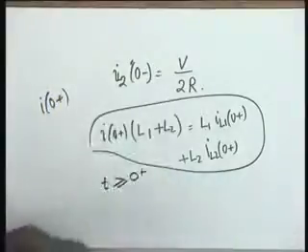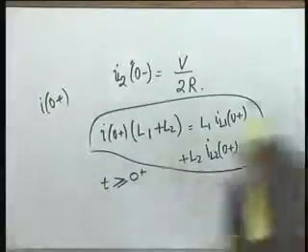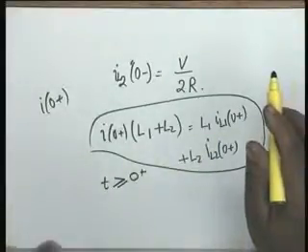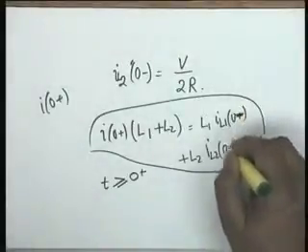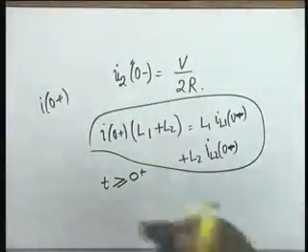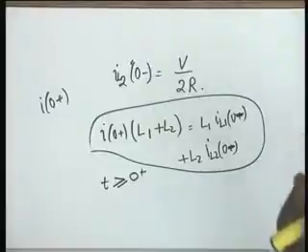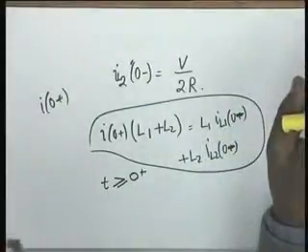Should we not have 0 minus on the right hand side? Yes, 0 minus on the right hand side of this equation. Oh yeah, I am sorry, I beg your pardon, yes, thank you. Here IL1 0 plus and IL1 0 minus are not the same, isn't that right?